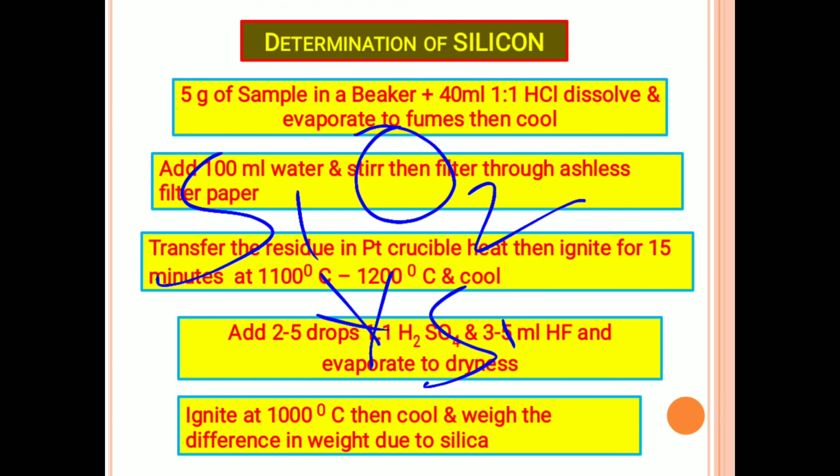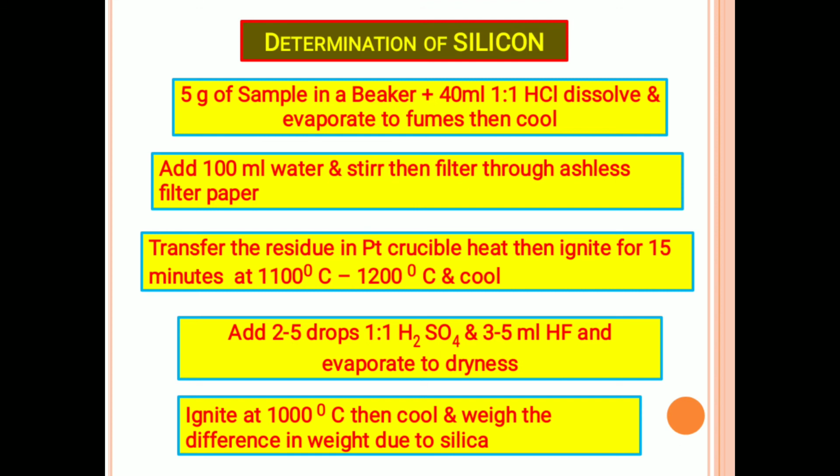So the entire silicon which is present in the sample will be evaporated out. Then the total silica will be evaporated. So evaporate to dryness. Next, ignite at 1000 degrees Celsius. Then cool and weigh the difference in weight due to evaporation of silica, meaning loss of silica.